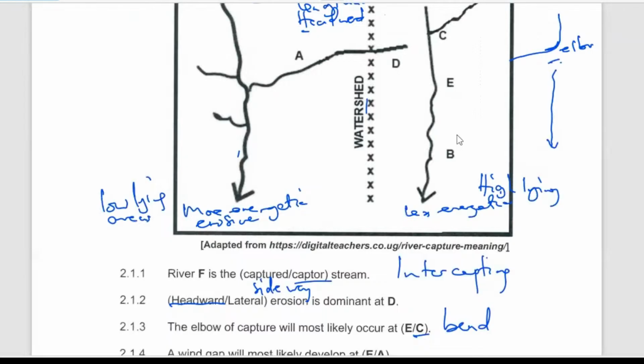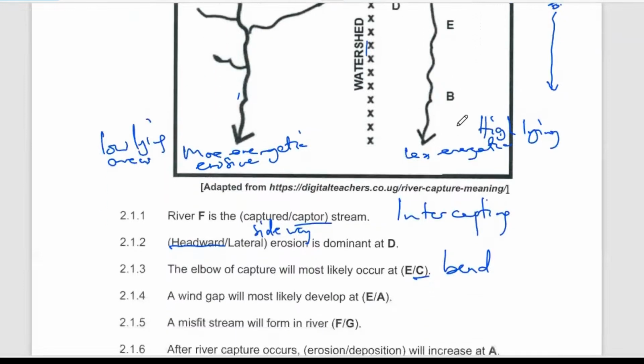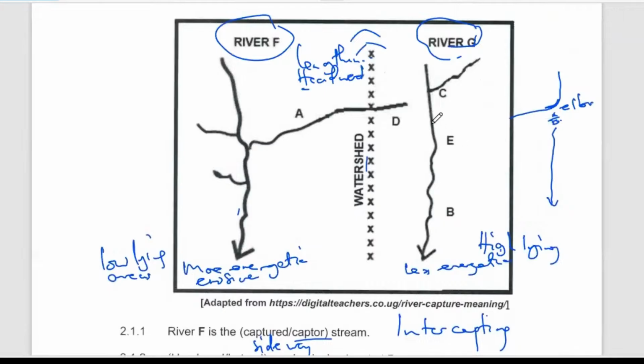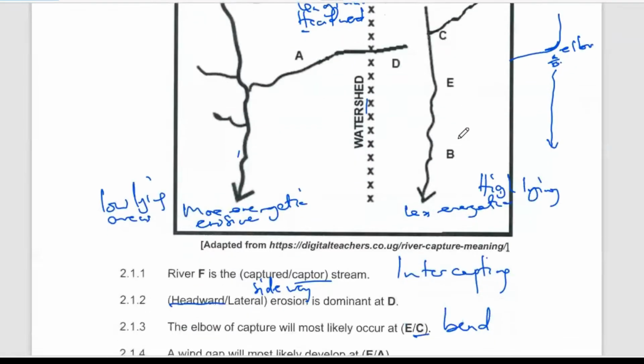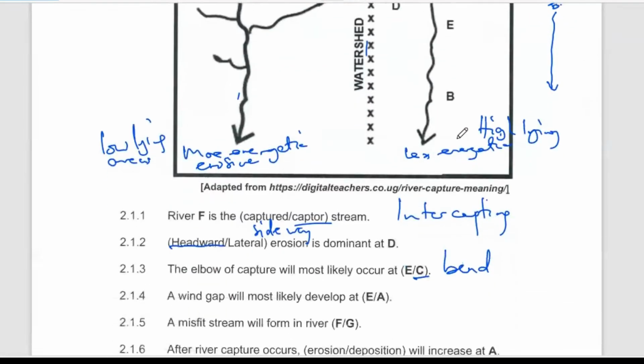The wind gap is going to occur here between the two. Using this information, where is our wind gap to develop? It is going to develop around E. This becomes the misfit, and around E becomes the wind gap. So our response for the wind gap is E.